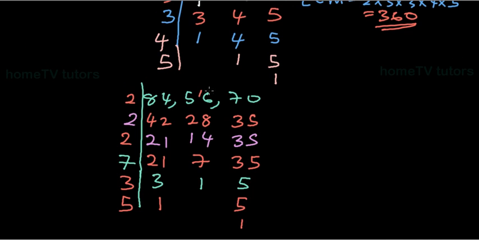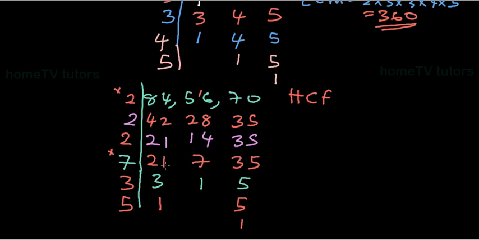Now for the HCF, remember the HCF is the highest common factor. I think 2 is at one stage where it divides through the 3 numbers. At another point, 7 also divides through the whole number.